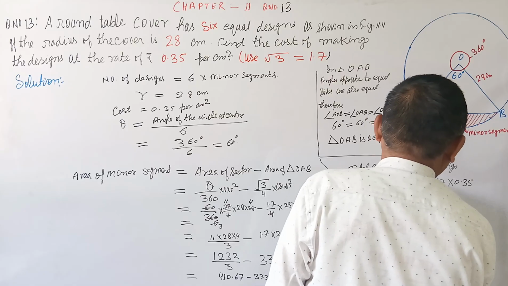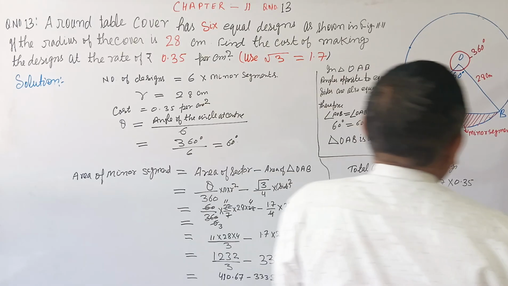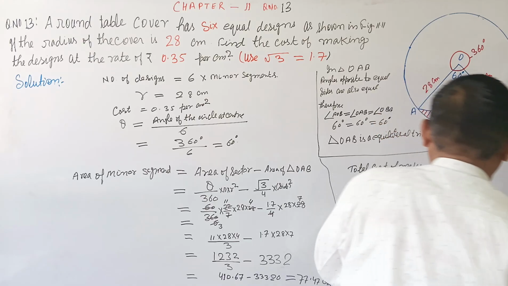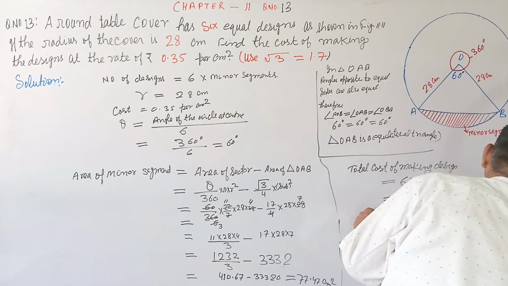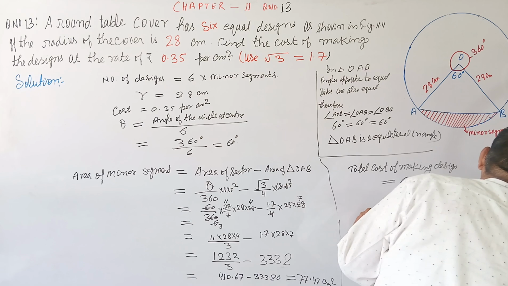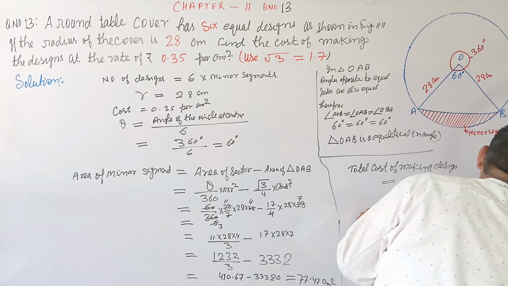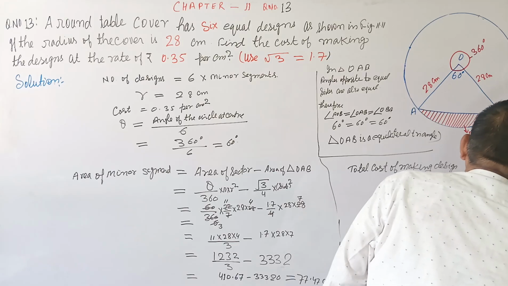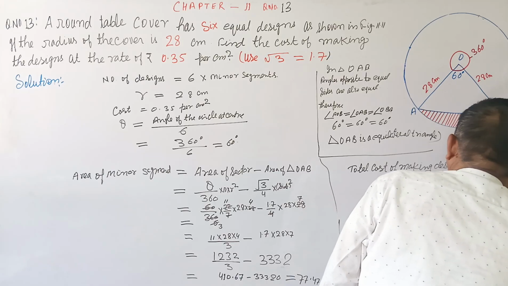So we will calculate it. Here 0.35 into 6: 6 fives are 30, 6 threes are 18 plus 3 is 21, so it is 2.10.